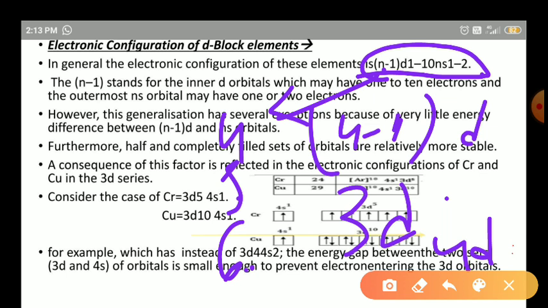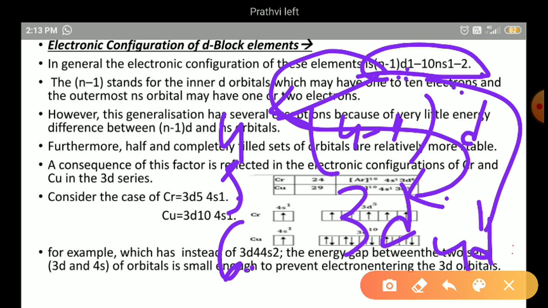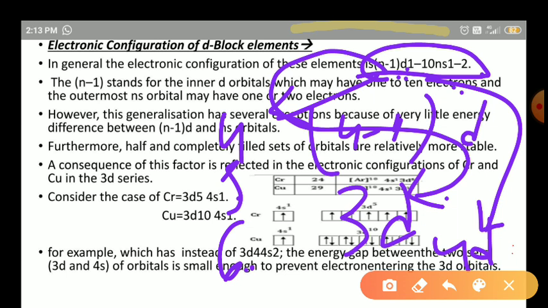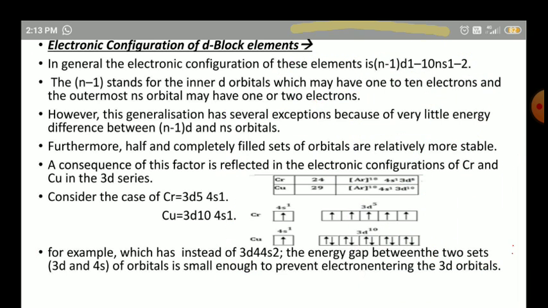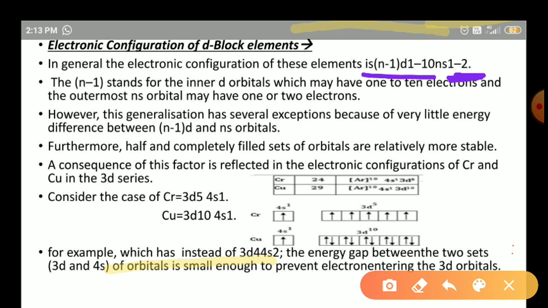So this is the general electronic configuration of the d block elements. Electrons may exist in the 3d orbitals, the 4d orbitals and the 5d orbitals. The d orbital has 1 to 10 electrons occupied, the s orbital has 2 electrons. Now it's clear, students?